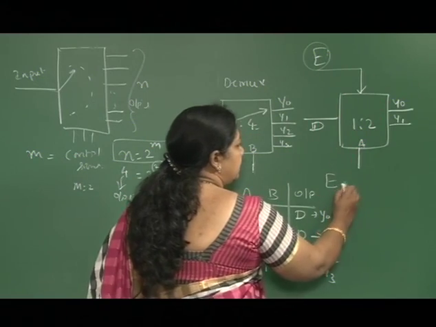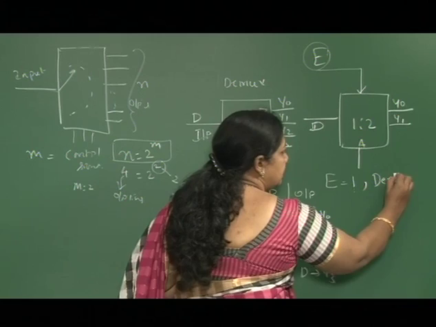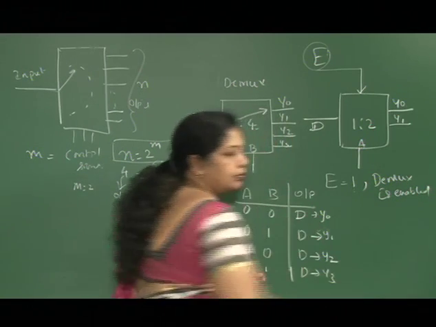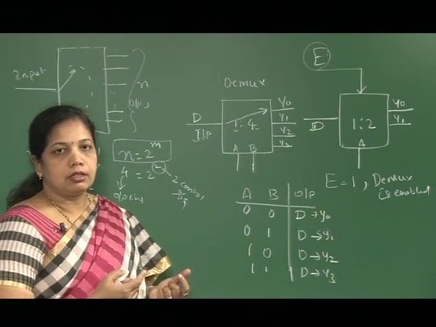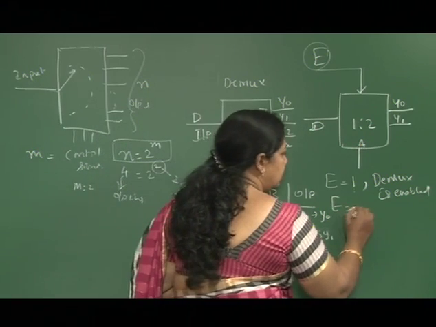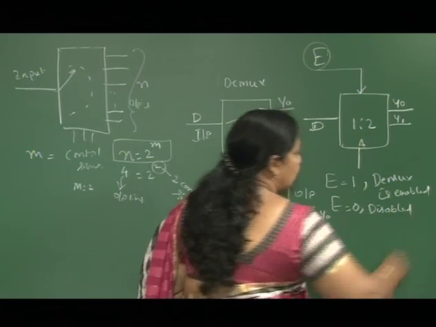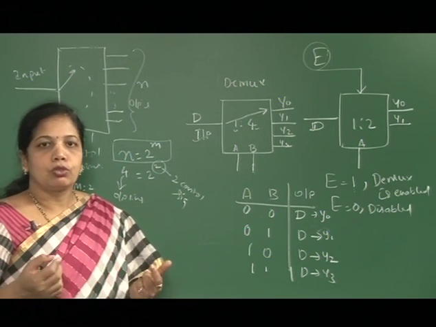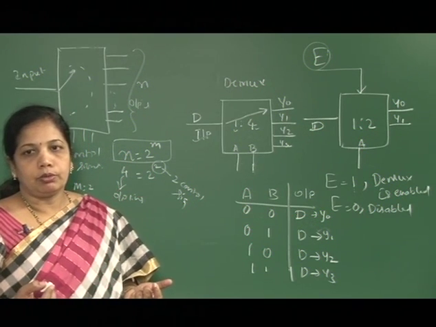Whenever the E pin is 1, the demultiplexer is enabled. Whenever enable is 0, it is disabled. No matter what input you give, whenever the enable pin goes low, your output is disabled. You don't get any output.